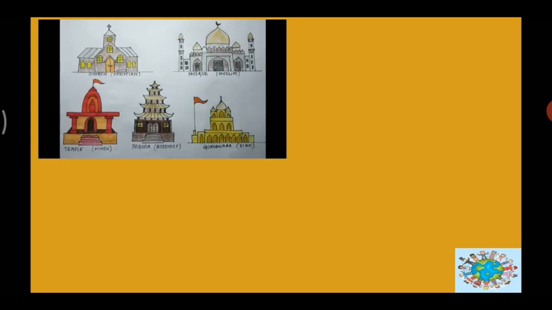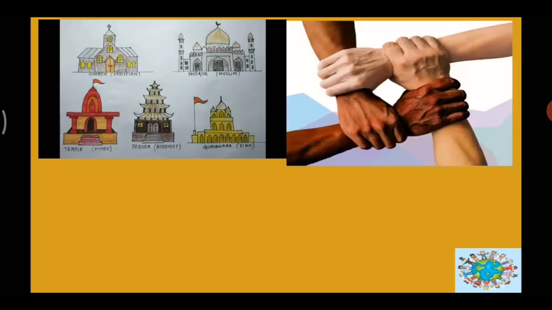Okay, students, all these people living together for a long time, because of this togetherness, a feeling of oneness is created in the minds of people here. Feeling of oneness means being in unity, and because of all this diversity, they are united.